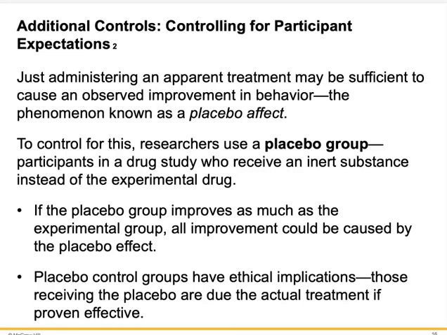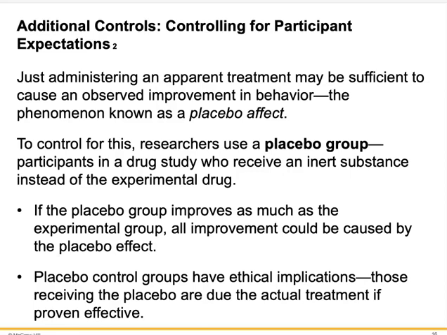Okay, so we use placebos a lot in medication studies, where one group is given a sugar pill and the others are given the actual medication. And we take a look at, is there improvement? Just by allowing a participant to be involved in the study, whether or not they get the actual medication, being involved in the study alone could actually cause some effect.